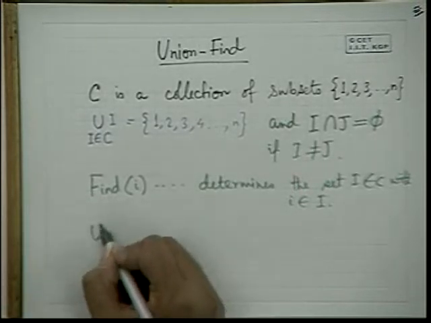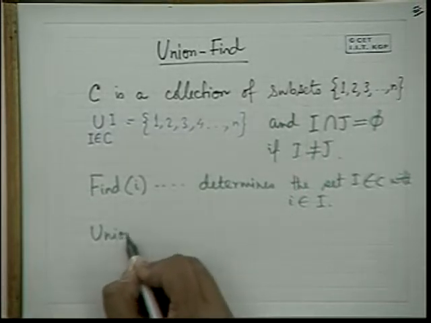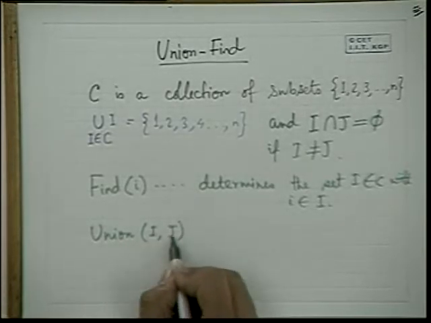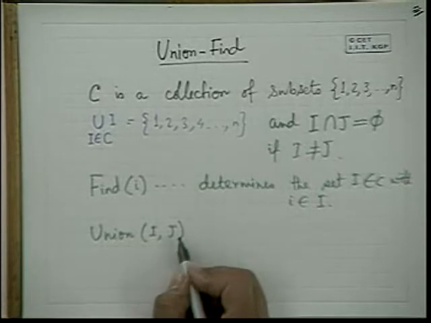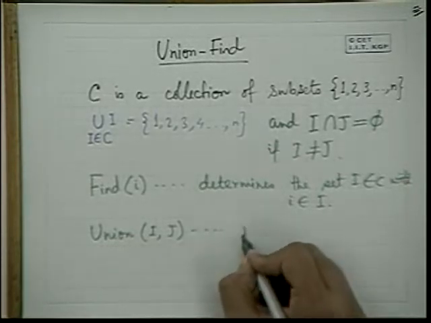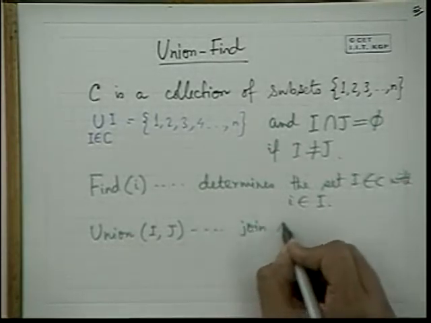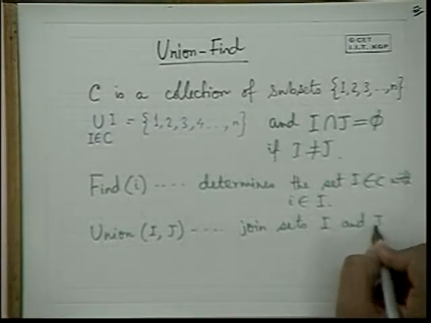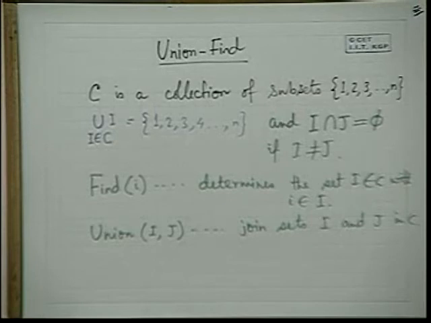And there is another operation, union, Ij. This takes two sets, I and j, from the system, and it joins sets I and j in C. Okay. So these are the two operations we should be performing efficiently for this problem.